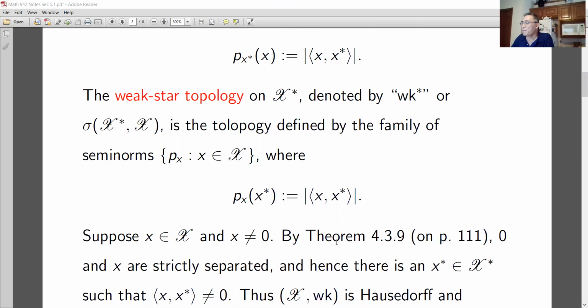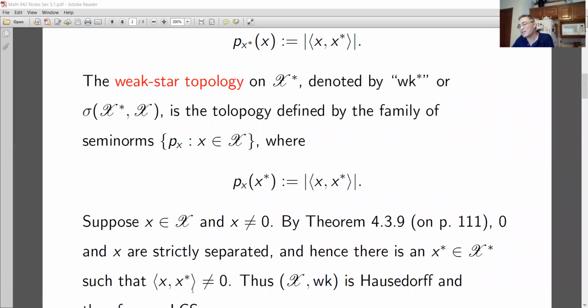By Theorem 4.3.9 on page 111, 0 and x are strictly separated. So there is an x star in script X star such that x star(x) is non-zero.